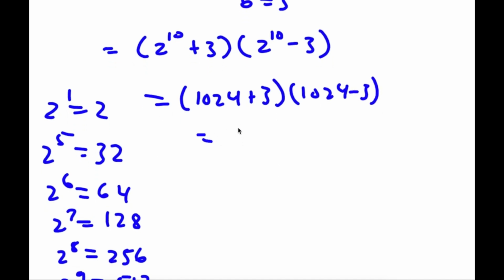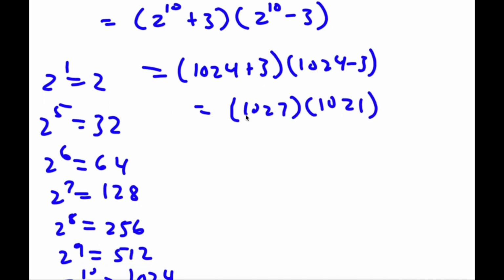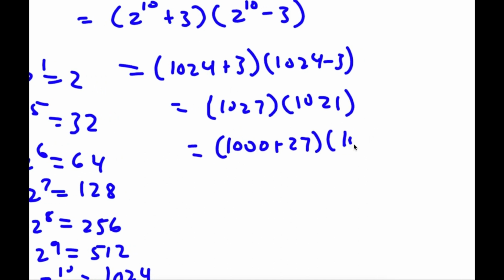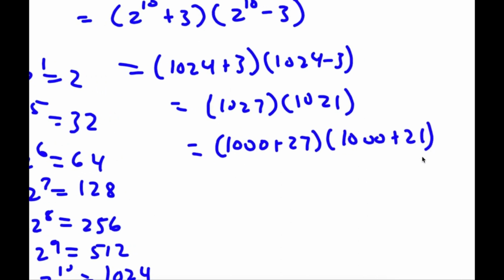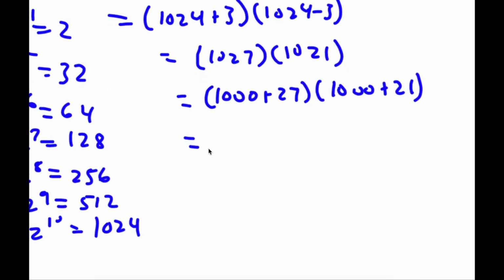Now 1024 plus 3 is 1027, times 1024 minus 3 is 1021. Now 1027 we can rewrite as 1000 plus 27, and 1021 we can rewrite as 1000 plus 21. So now I have 1000 plus 27 times 1000 plus 21, and now we can solve this by distributing.